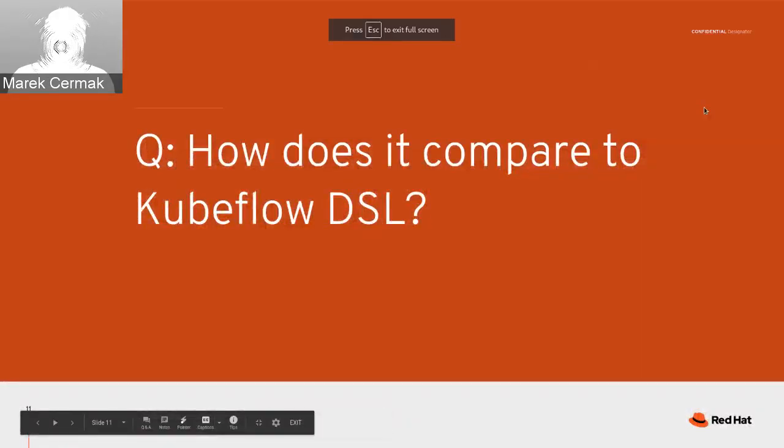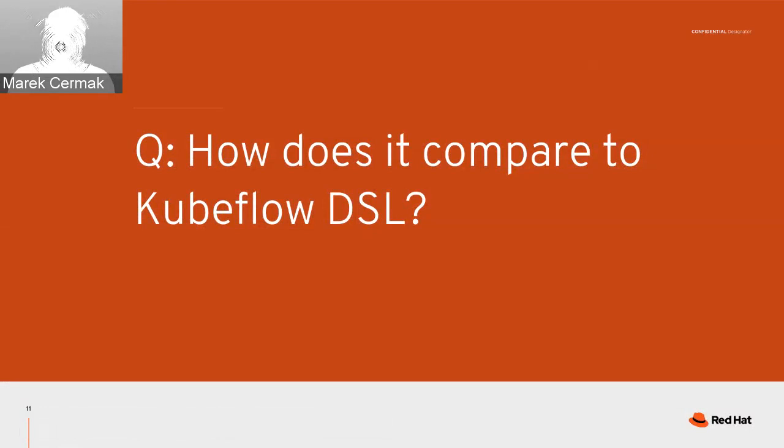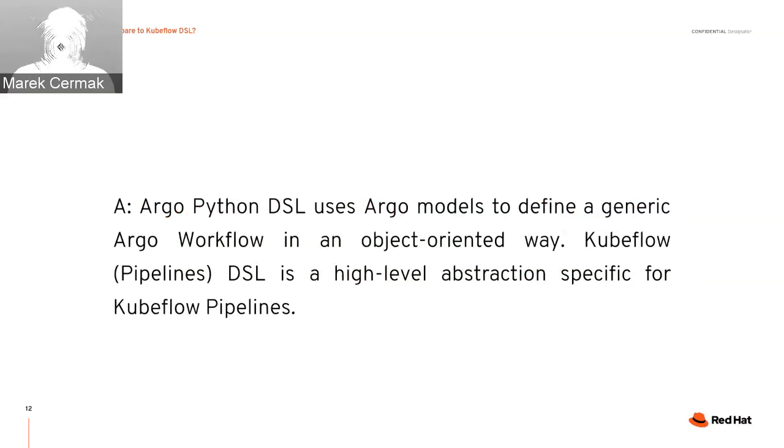So there are some questions that are commonly asked, like how does it compare to Kubeflow DSL? So Kubeflow DSL is a much higher level abstraction specific for Kubeflow pipelines, whereas Argo Python DSL uses pure Argo models to define a generic Argo workflow in an object-oriented way.